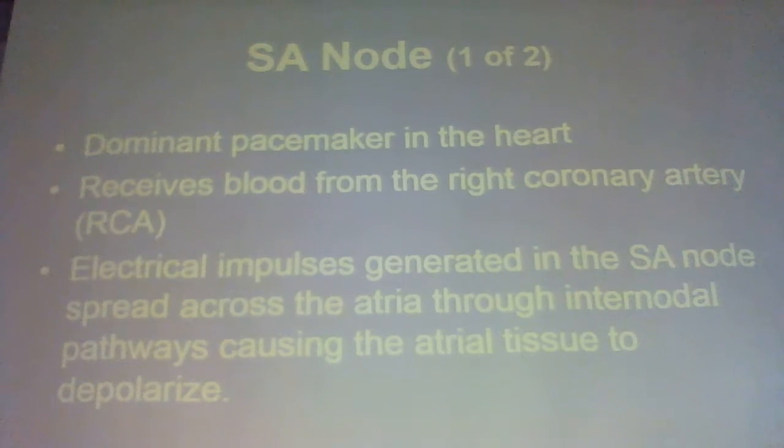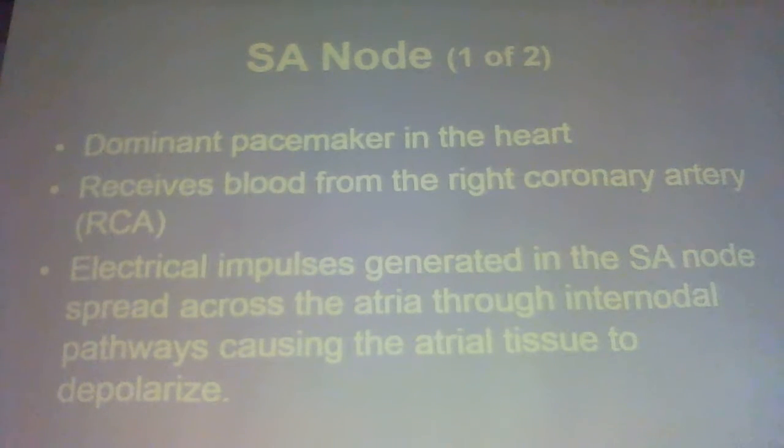So, what is inherent rate? If I say the SA node has an inherent rate of 60 to 100, what does inherent rate mean? Normal rate, okay? Here's the cool thing about the heart.